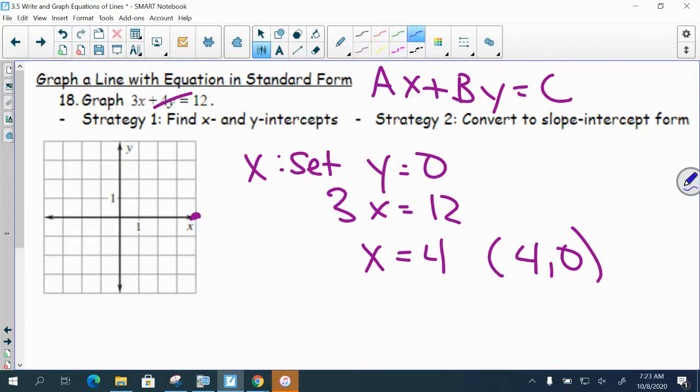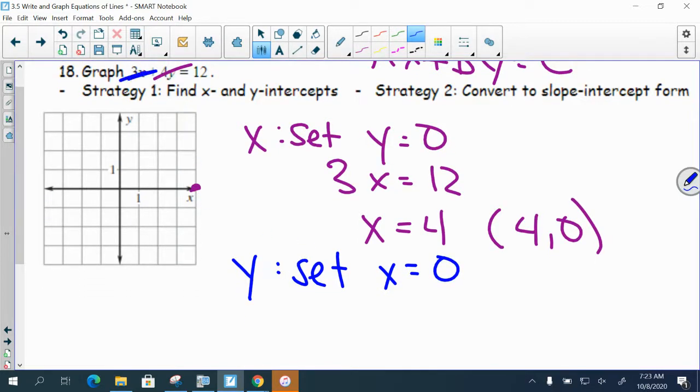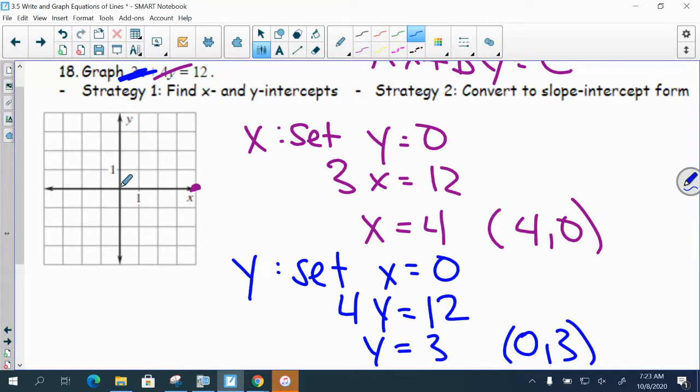And then likewise, to get the y-intercept, you set the x equal to 0. That would mean covering up the 3x. So you should have 4y equals 12, y equals 3. So the y-intercept coordinate would be 0, 3. 0, 1, 2, 3.